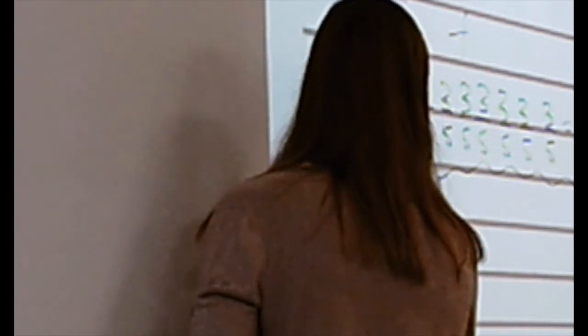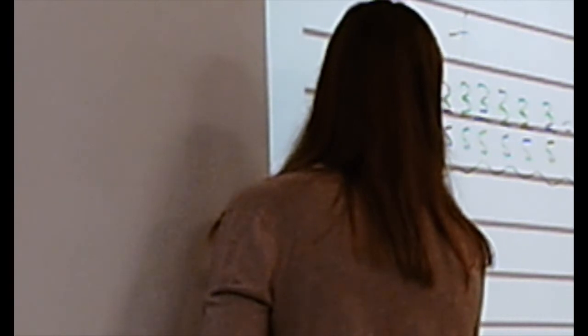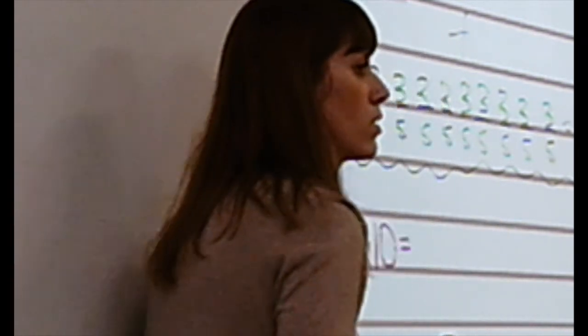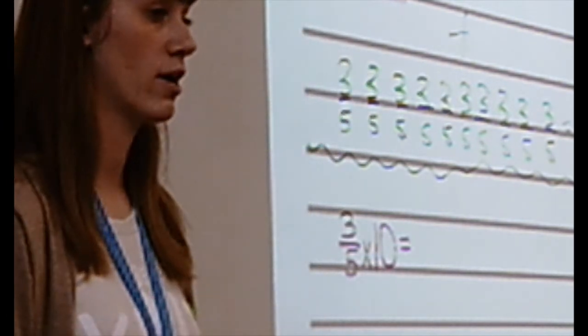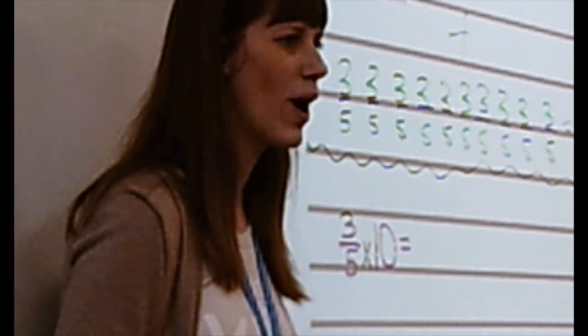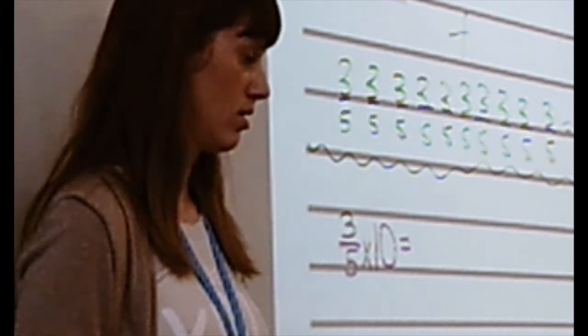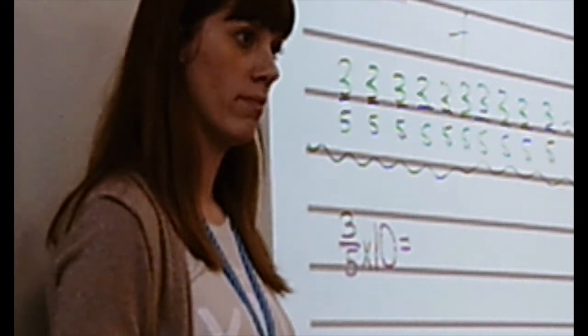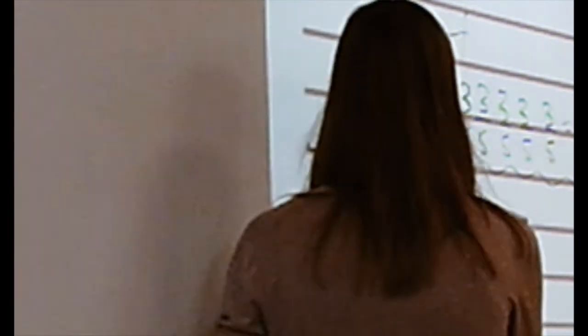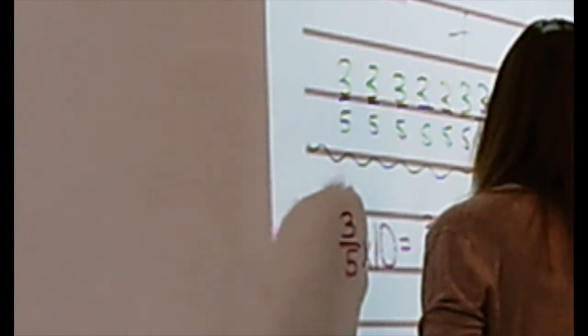Okay, I want to solve the same problem a different way. We're still solving 3/5 times 10. We did this earlier. You didn't even realize you were learning something earlier. Abigail knows what do I do? No array, no tape diagram. You need to multiply 3 times 10. Is that it?